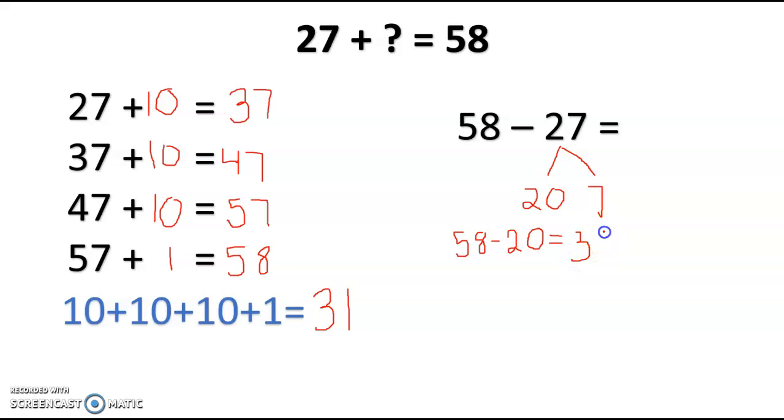Now we need to take away our ones. So 38 minus our 7 over here is 31.